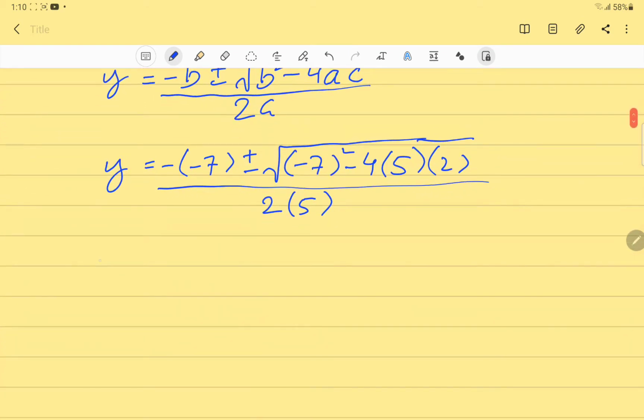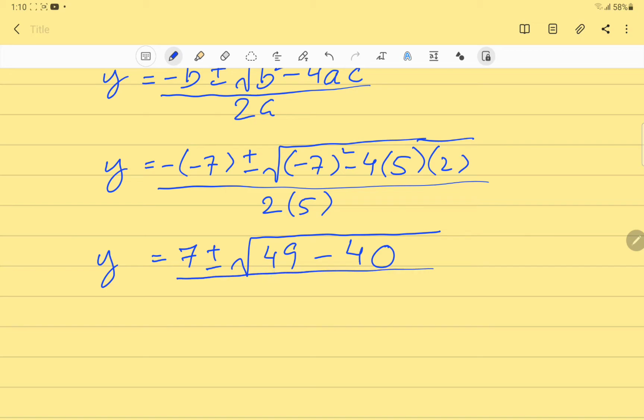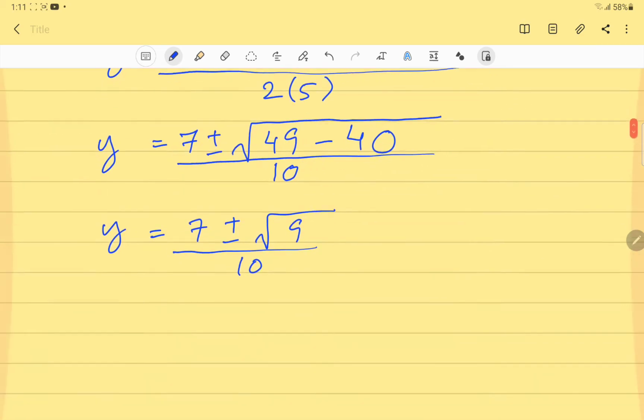Let us simplify this. y is equal to minus into minus 7 plus 7. Minus 7 square is 49 minus 4 into 5 into 2, 4 into 5 is 20, 20 into 2 is 40, over 2 into 5 is 10. So y is equal to 7 plus minus square root of 9 over 10.